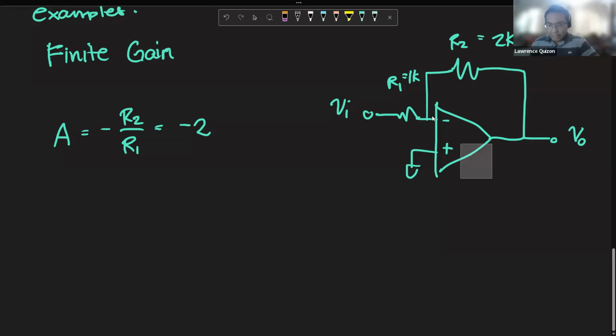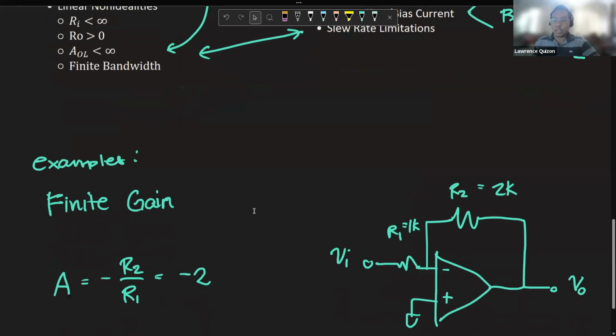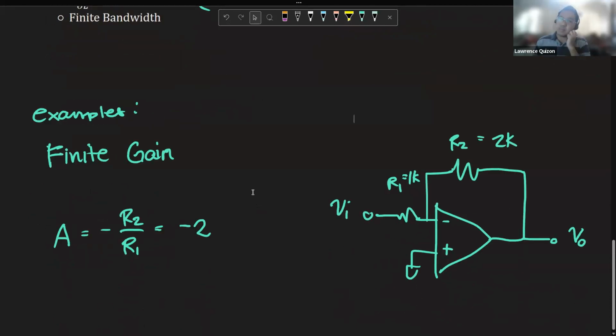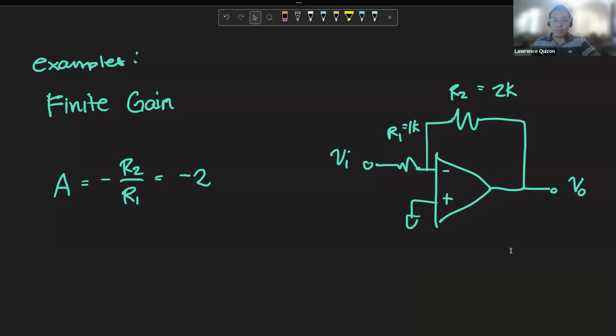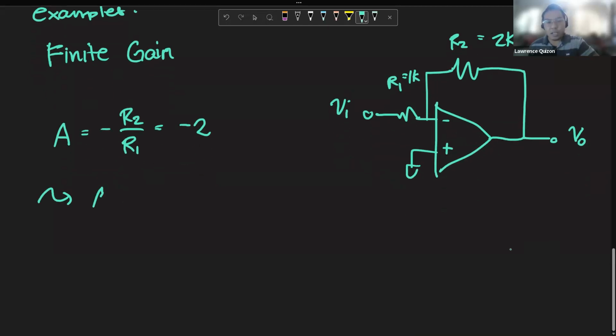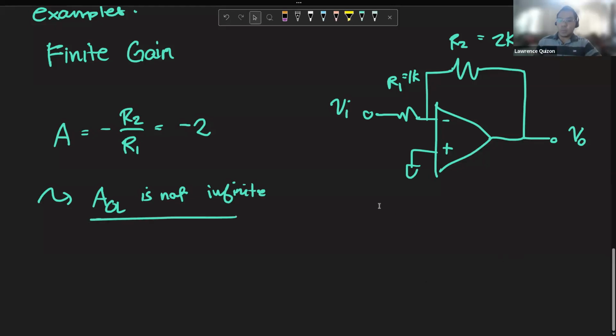Now, let's replace this op amp with the model of a real op amp with linear non-idealities. Or, never mind, let's just apply one non-ideality. Now, open loop gain is not infinite. So if the open loop gain is not infinite, something changes in our analysis.